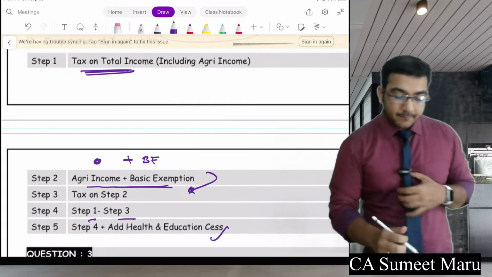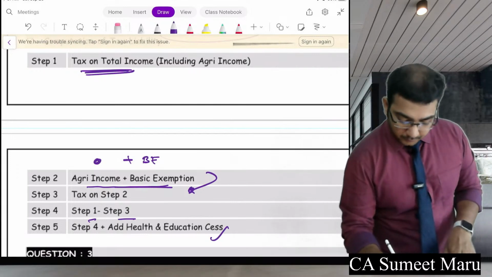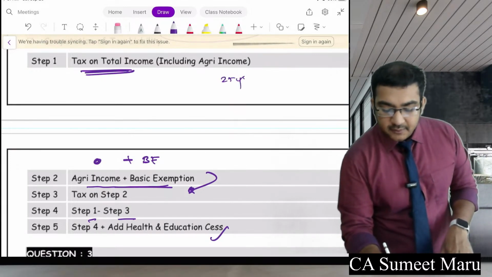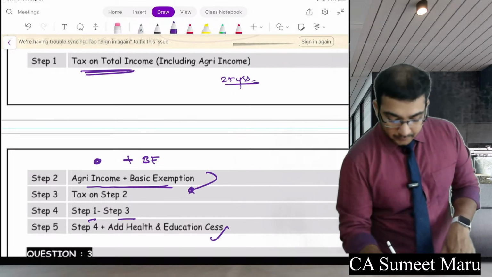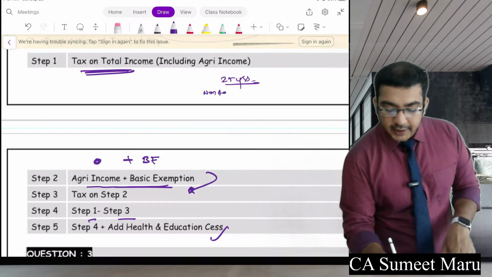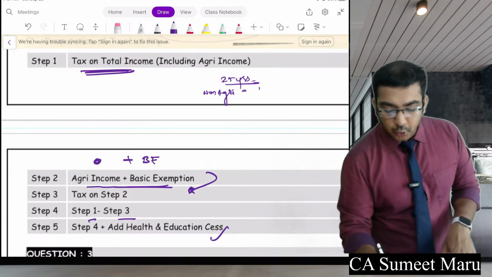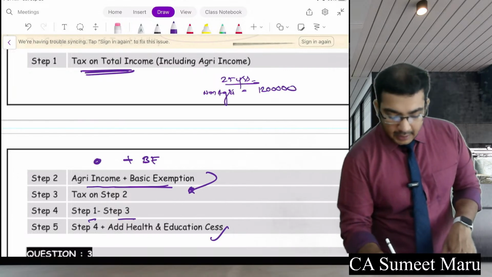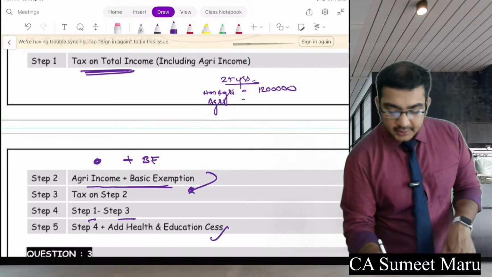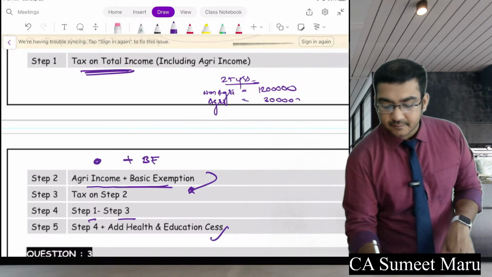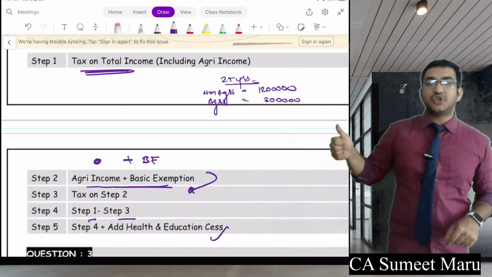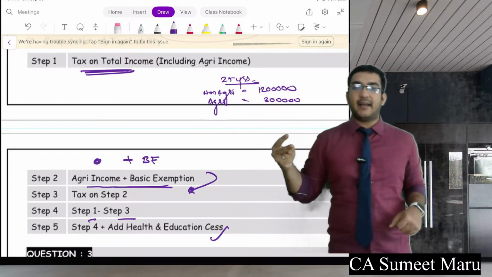Say someone is 25 years old, non-agriculture income is 12 lakhs and agriculture income is 3 lakhs. Is the assessee an individual? Yes. Is the agriculture income more than 5,000?